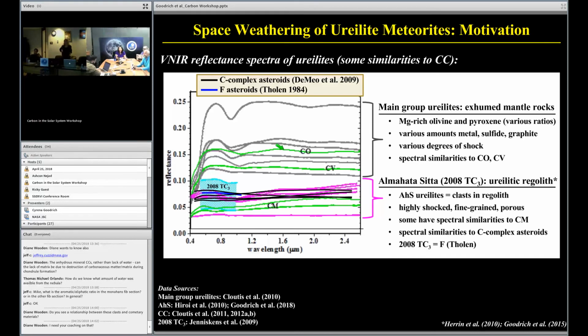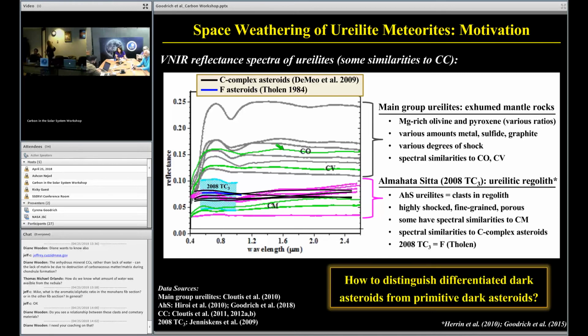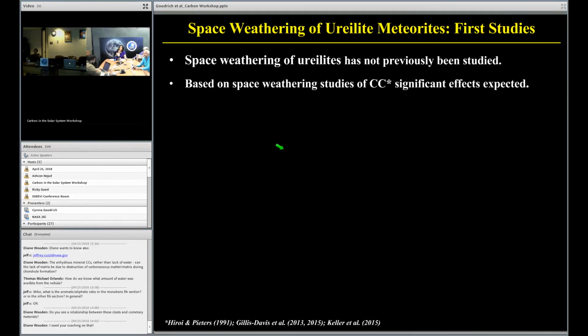So clearly some dark asteroids are ureilitic rather than carbonaceous chondrite-like. And the important question is, how can we distinguish differentiated dark asteroids from primitive dark asteroids? This is certainly important if you're planning a mission to an asteroid and you have a specific idea about which type you'd like to go to.